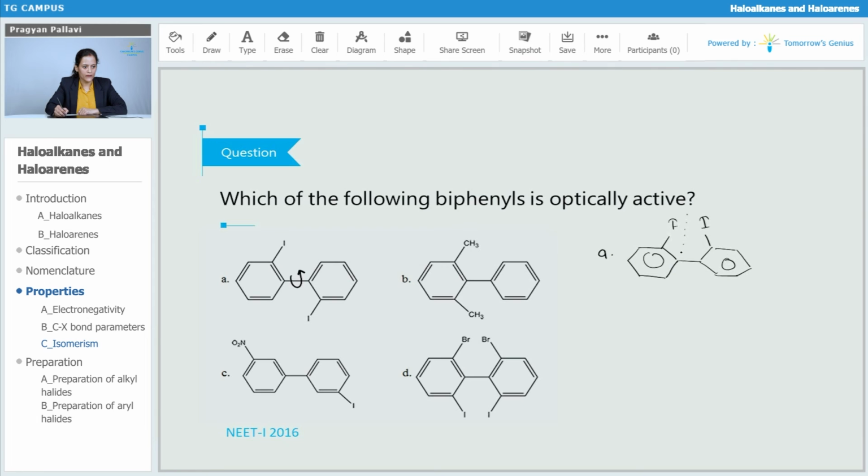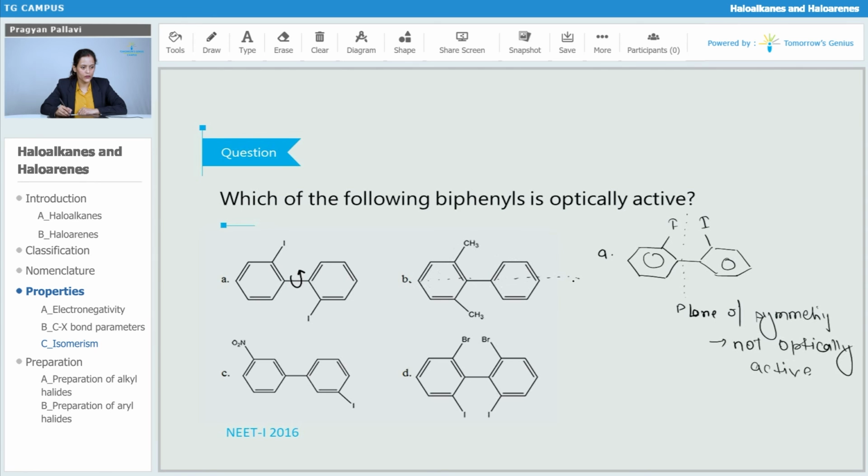Now this will have a plane of symmetry. As we know, it has a plane of symmetry, so it is not optically active. Similarly, in option B also, we have a plane of symmetry, so again it's a mirror image of each other.